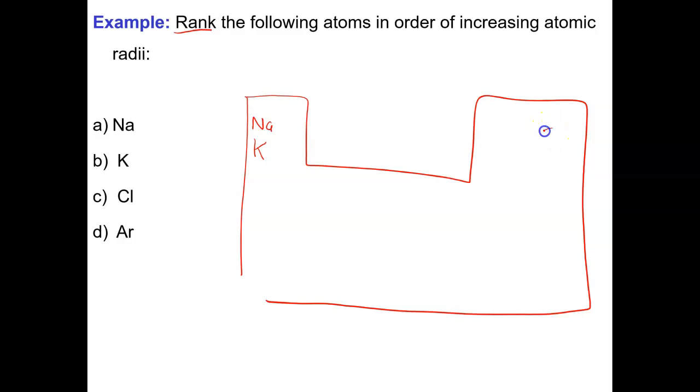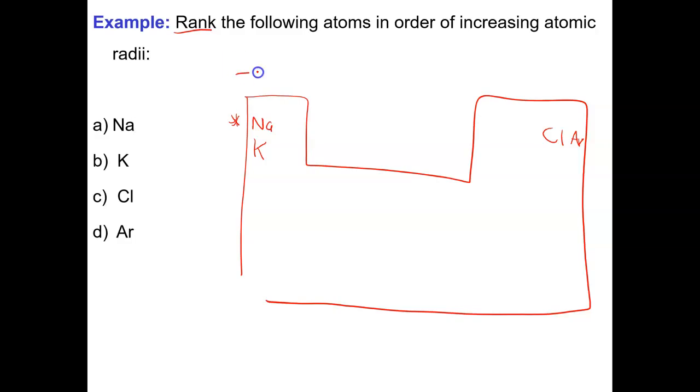Chlorine is in group 7A in period 3, and argon comes after chlorine. So the elements that are in the third row of the periodic table are going to be smaller than the elements that are in the fourth row. So we recognize that. So sodium, chlorine, and argon are going to be smaller than potassium.